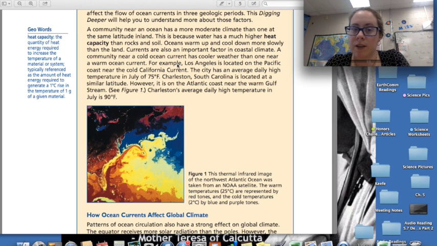And you will also find that coastal communities will be warmer during the winter and cooler during the summer because of the ocean. The ocean will warm up the area during the winter when it's much colder and that nice above freezing water is warming up the area.